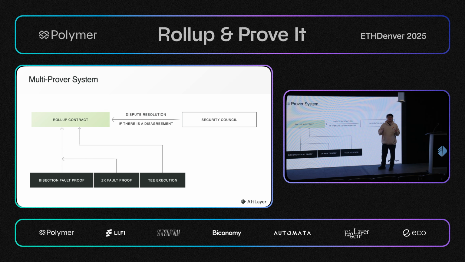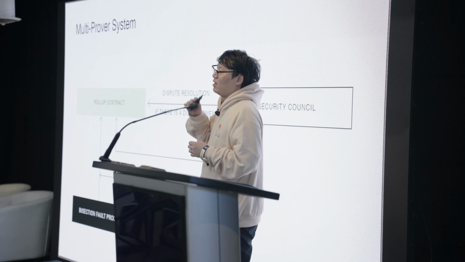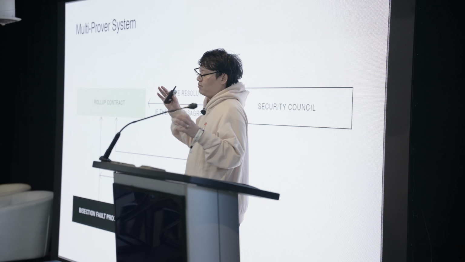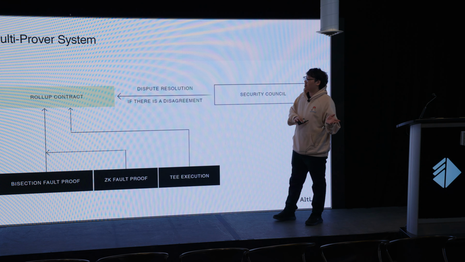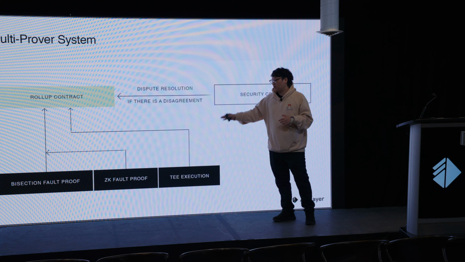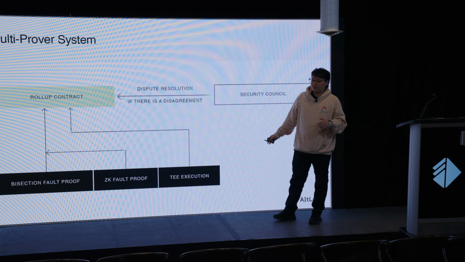So technically, apart from the normal governance requirement like the security council part, if you want to move a rollup from stage 0 or stage 1 to stage 2, then as I mentioned, we need multiple proof systems.